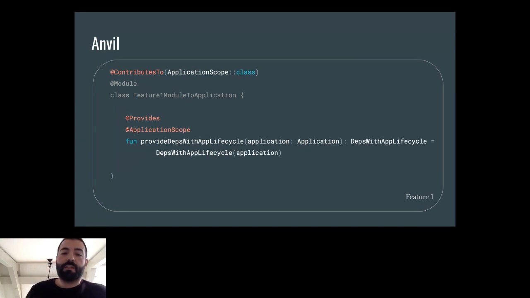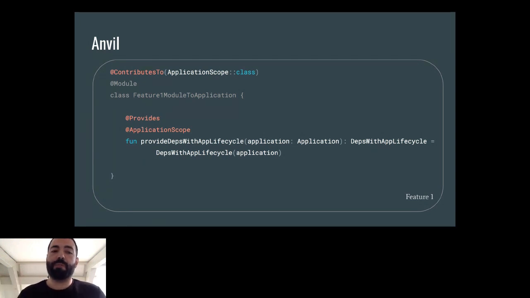And the third one is a dependency with app lifecycle. We did have this as part of the feature one dependencies, right? It is because this module is going to be used on the application scope component, which means if that is the parent, I have to retrieve that instance from there.